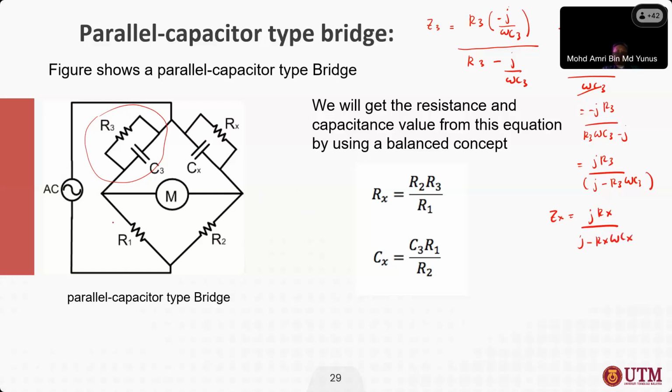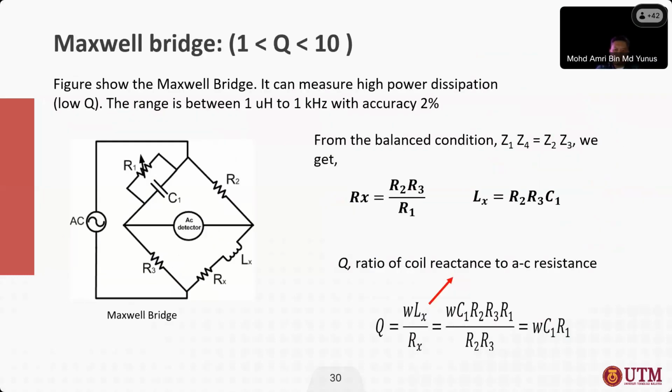Then you can use the balance concept, and then the next thing you do is compare imaginary with imaginary, left to right, and similarly also for real, you compare left to the right.